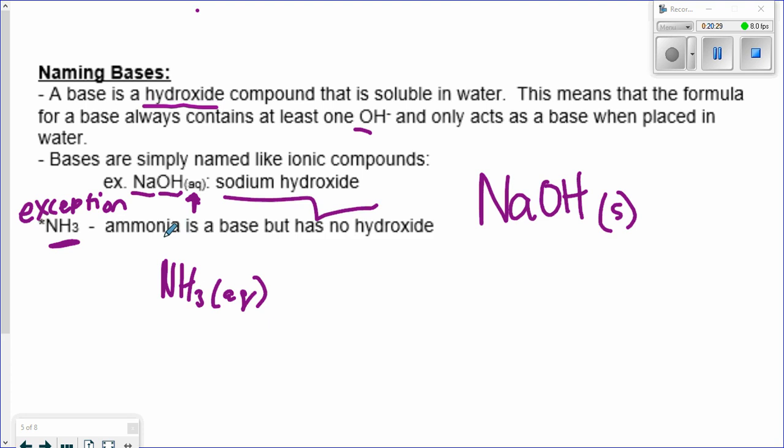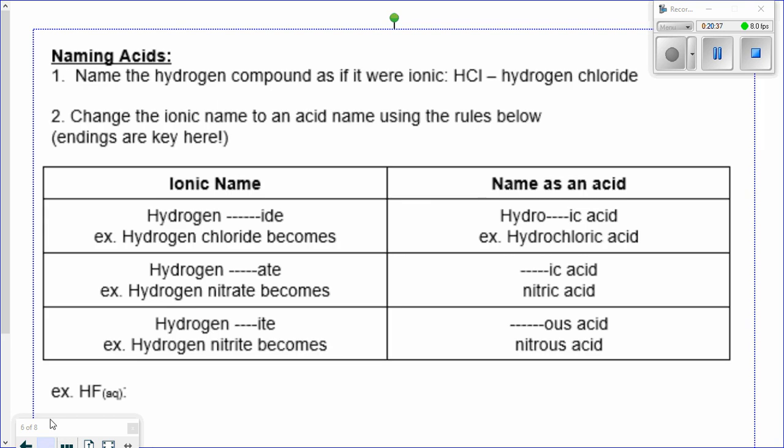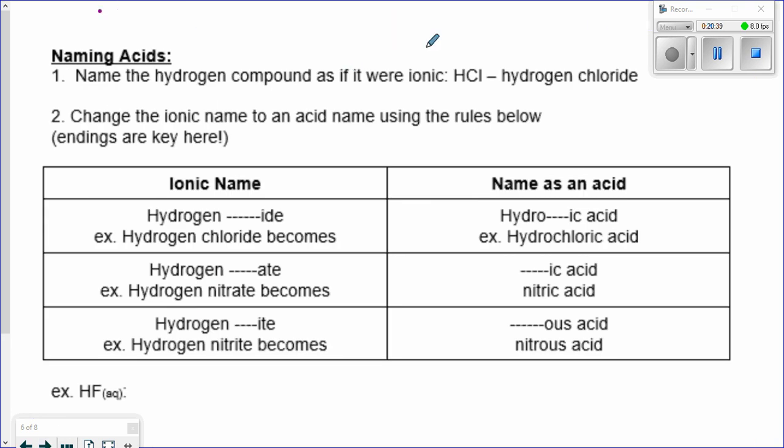It is ammonia. Naming acids is a little bit more complex than bases, since we already knew how to name bases. So the way that we name these, this chart is going to be really quite helpful. We name the hydrogen compound as if it were just an ionic compound. So HCl, we've seen that before.